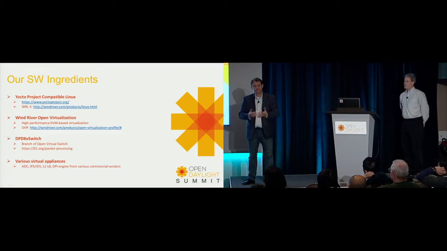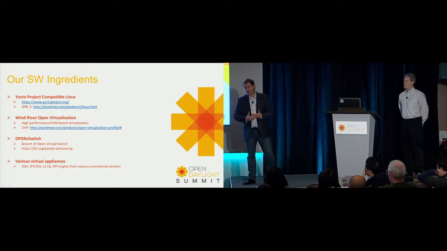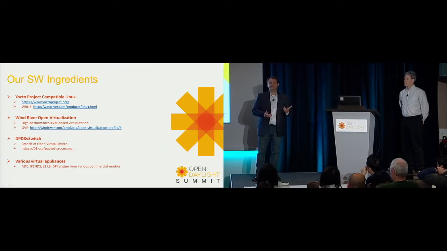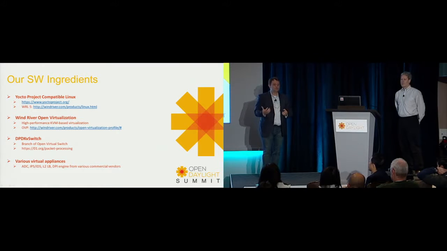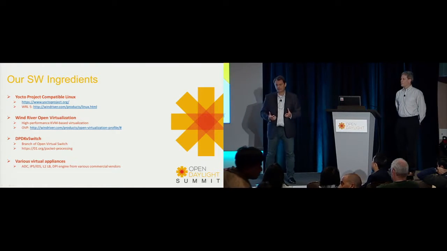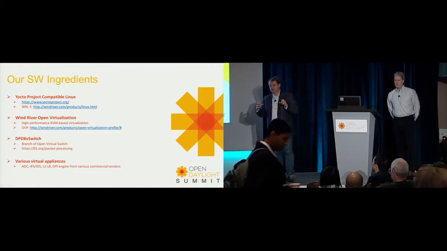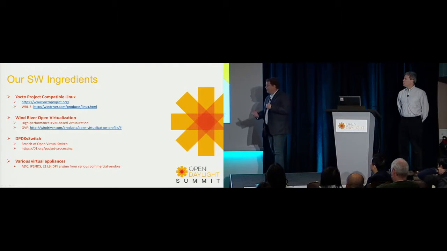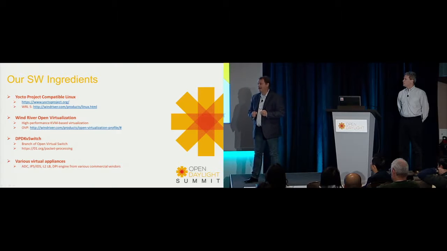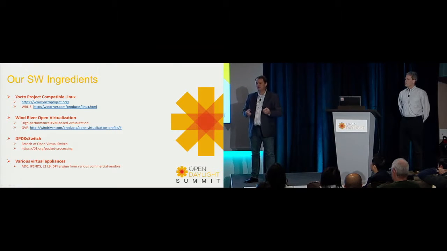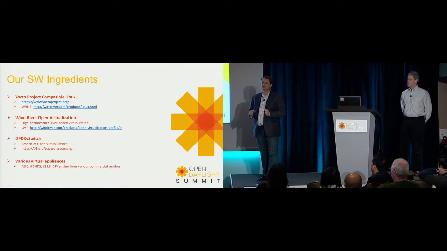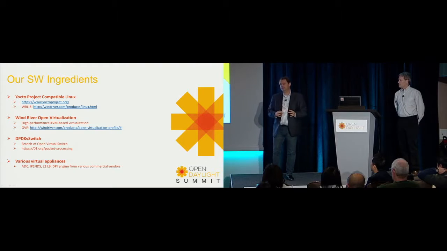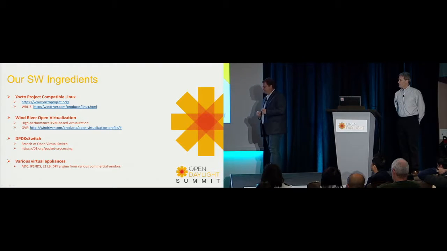The Yocto project is a cross-architecture Linux Foundation project that provides the tools and the methods for creating a very efficient, very high-performance Linux distribution. Wind River obviously has a distribution that's Yocto project compatible, so we used Wind River Linux as our base Linux distribution.